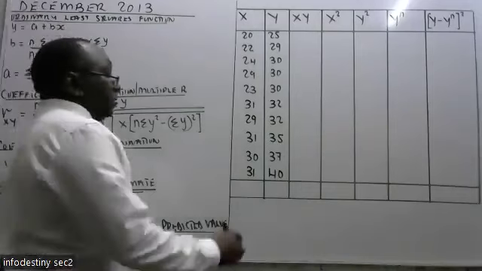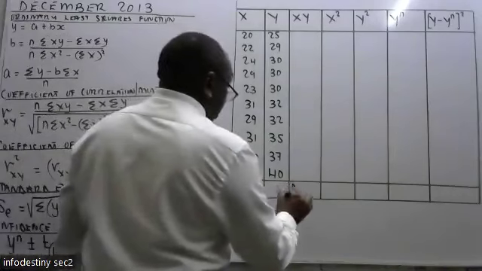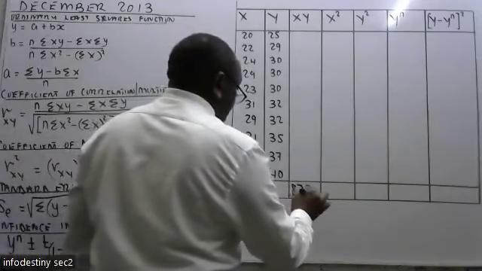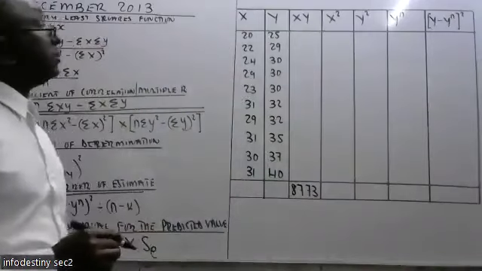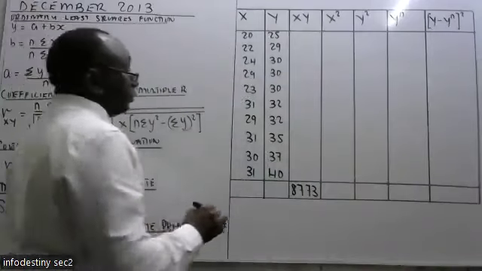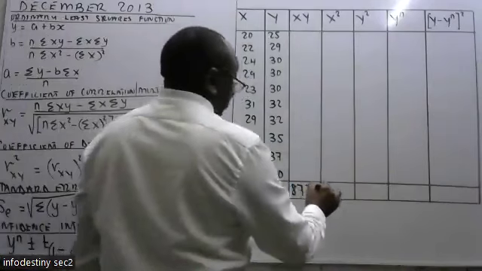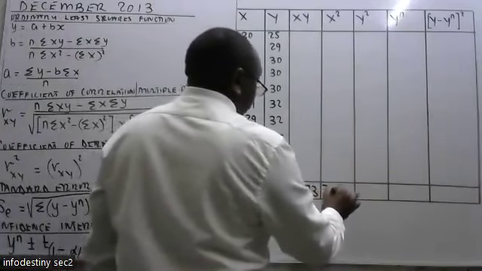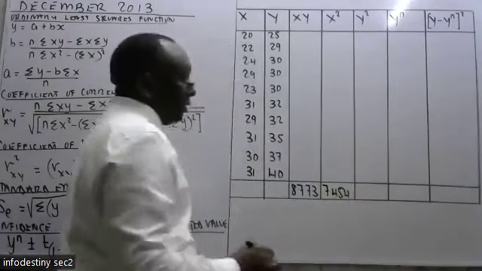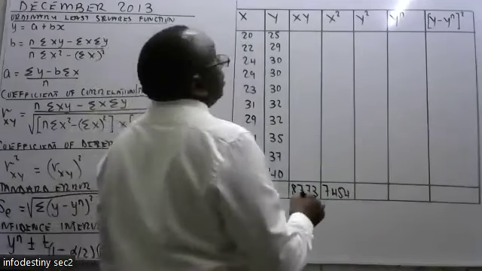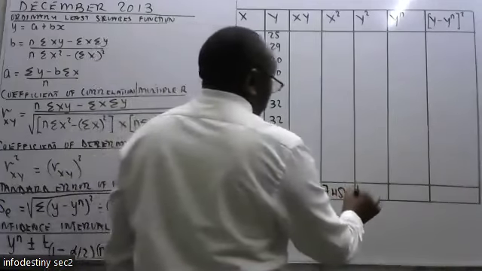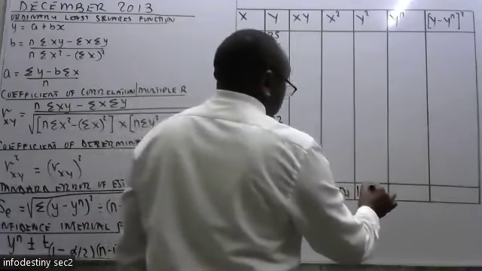XY is what? 8773. Y square, X square is 7454. 408.